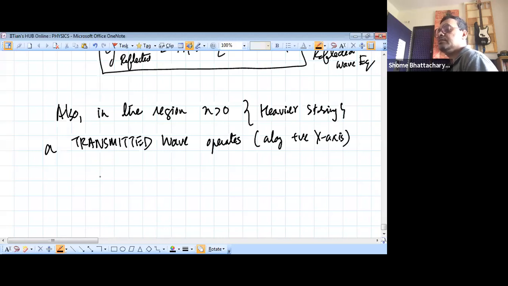So that transmitted wave has an equation, let's say, of E2 sine. It will have the same omega, but some different k.